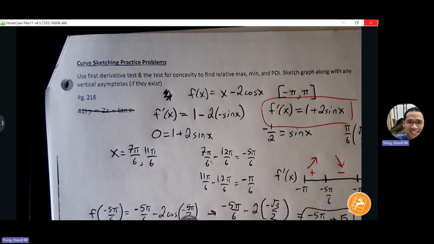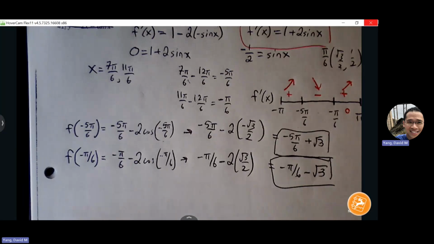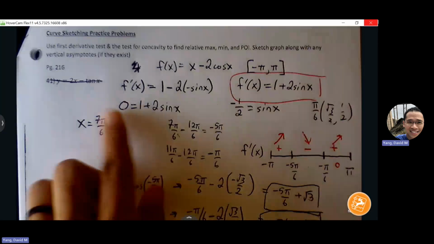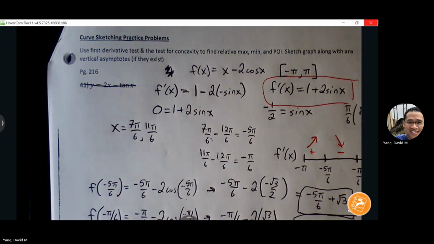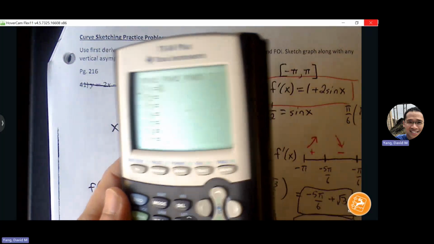Okay, we can also have our calculators out so that we can see the picture of our graph. So we gathered everything from the derivative sign line, right? Let's just also practice plugging this in our calculator. So we'll go to y equals.